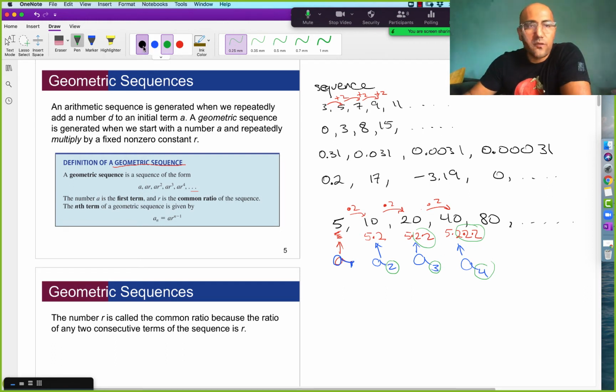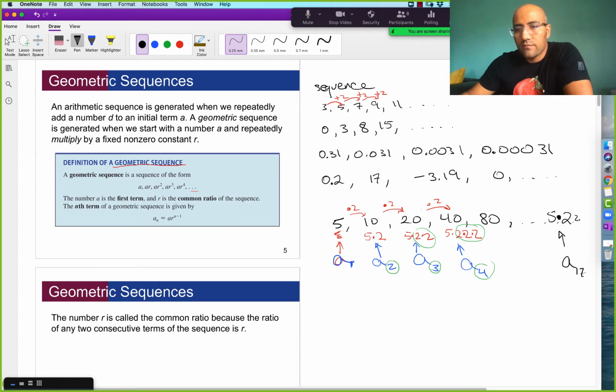So in other words, if I want to jump down the list here, dot, dot, dot, and I want to figure out what A sub 17 is going to be. Well, following this pattern, I know, kind of going in reverse, that it's going to be 5 times 2, and then the 2 gets repeated several times. It's going to get repeated 16 times.